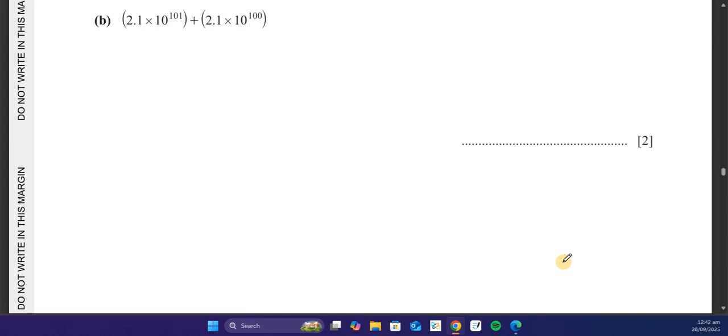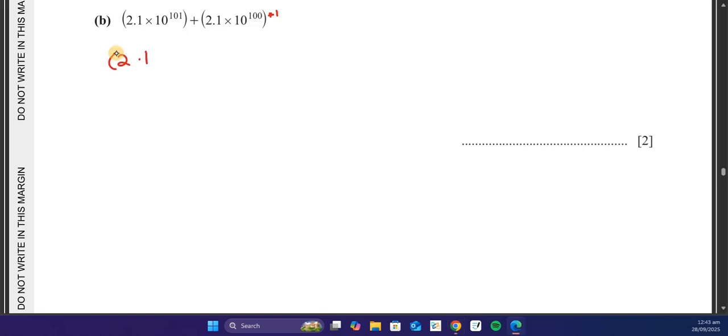Moving forward, 2.1 into 10 to the power of 101 plus 2.1 into 10, keep 10's power 100. So what we could do is, if we add 1 power to it, we would have to take 1 decimal place backwards so that we could make the powers similar.